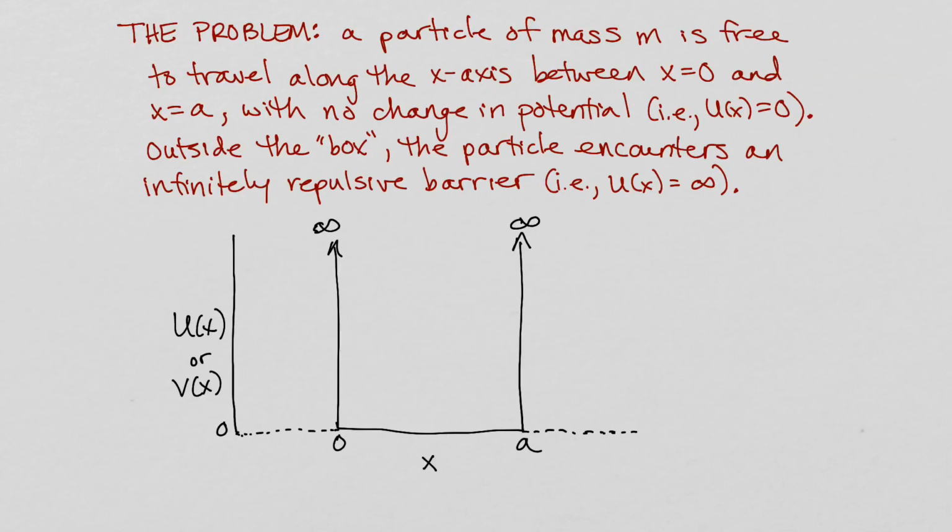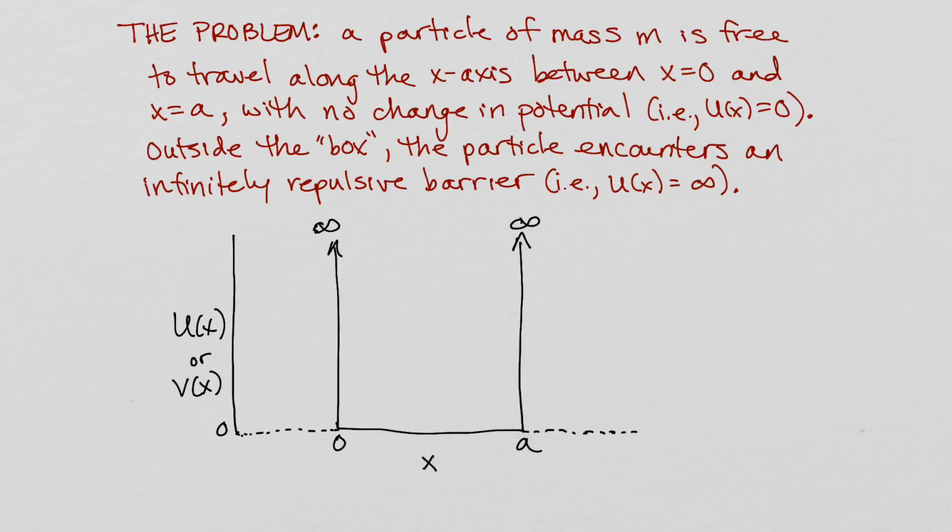Okay, so let's set up our problem. We're going to picture a particle of mass m, and that particle is free to travel along our x-axis here. So our particle is traveling freely between our boundaries of 0 and a.